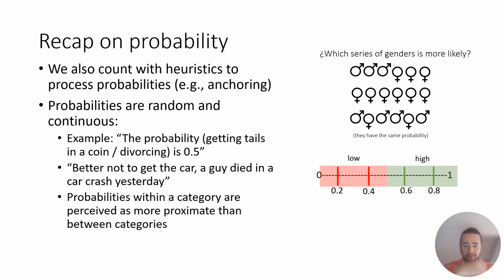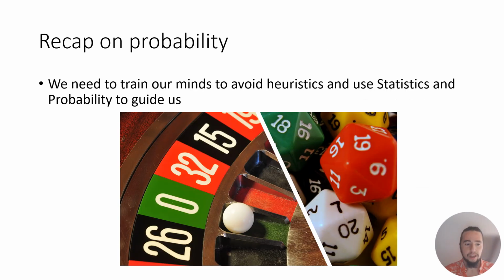We can create a lot more simple illusions. For example, probabilities inside a category, for example low, can be read as more proximate to each other compared with probabilities from another category, for example high probabilities. So we need a more rational approach to this. More completely, we need to train our minds to avoid these heuristics and use statistics and probability to guide us. Okay, so what are we talking about in probability and statistics?